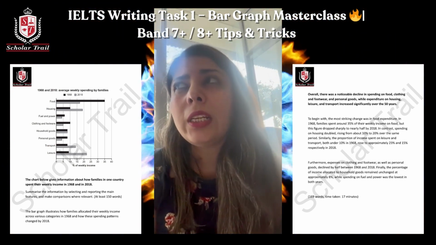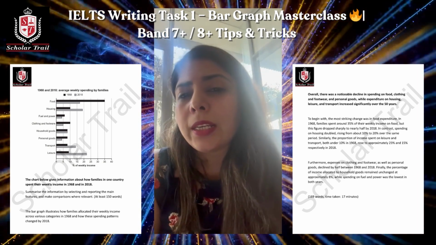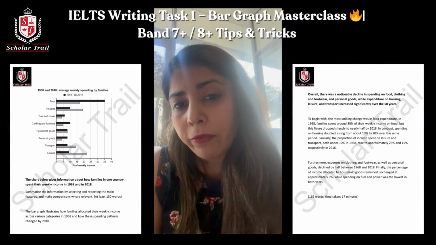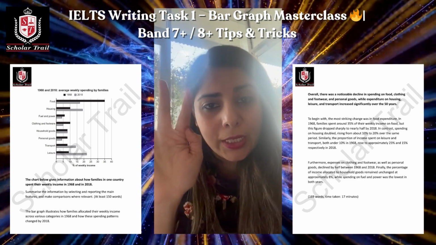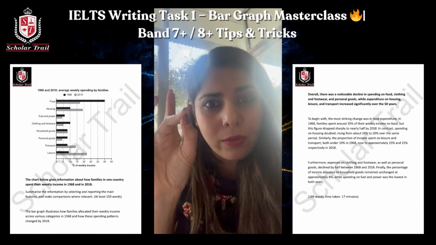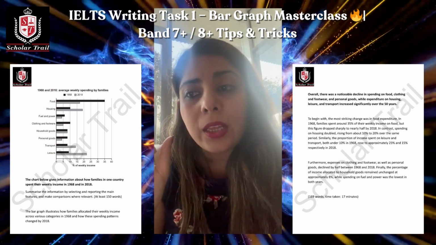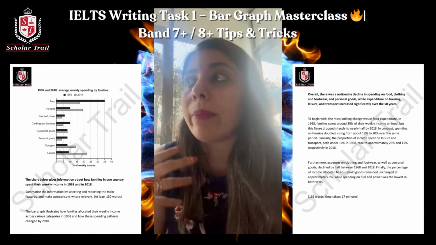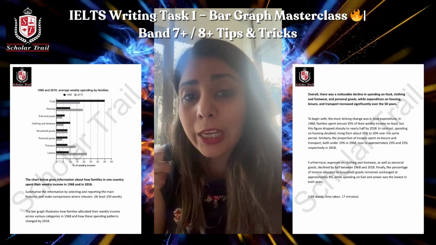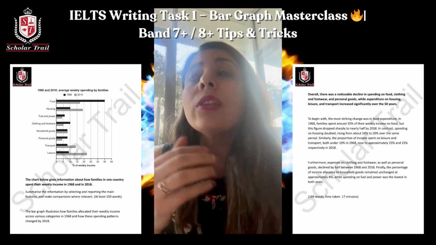If you see this closely, it has a gap of around 50 years. That's 68 to 78, 78 to 88, 88 to 98, 98 to 2008, and then 2008 to 2018. And over these 50 years, how families changed their spendings is basically the topic of the discussion.